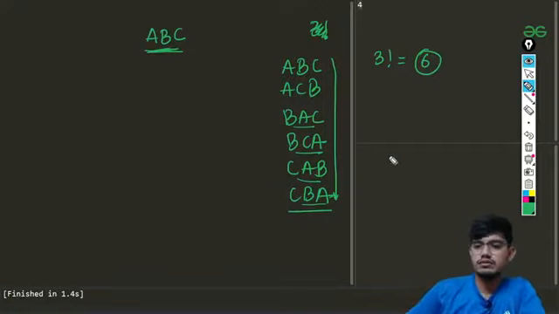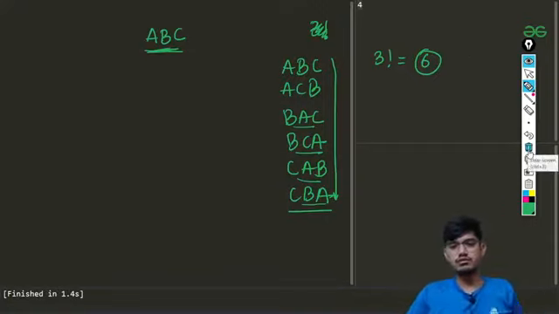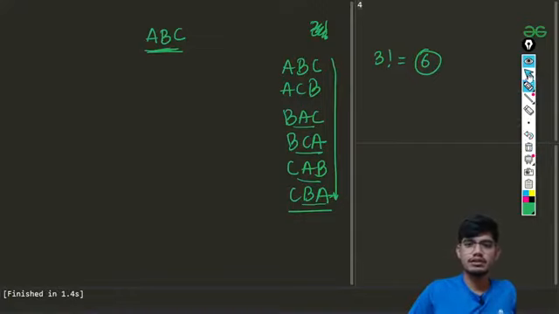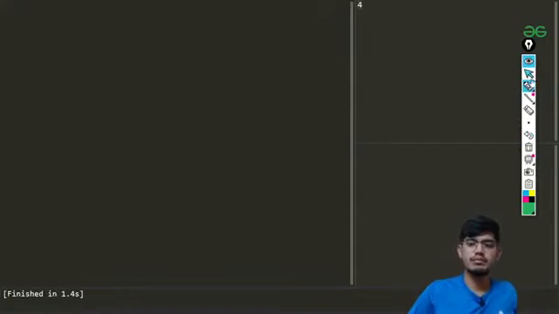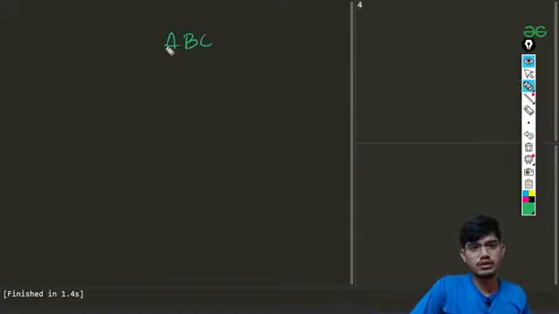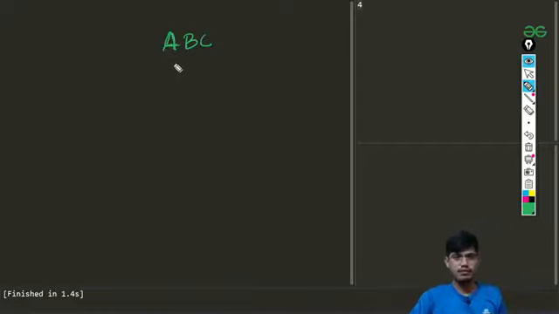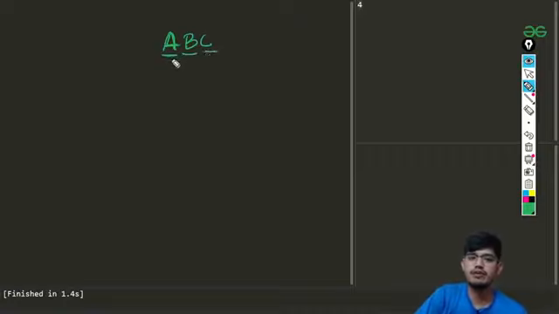Now the first thing is how we are going to solve this question, how we are going to find the permutations for this ABC. It is very simple, not at all difficult. First we are going to find the total number of swaps that we can do.